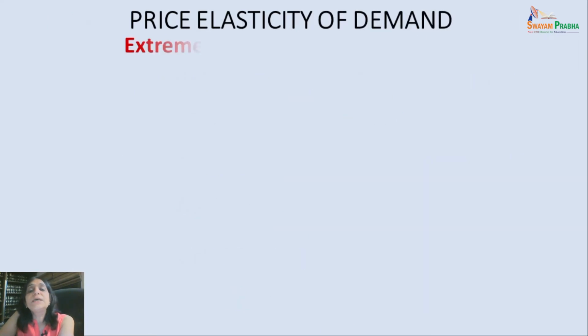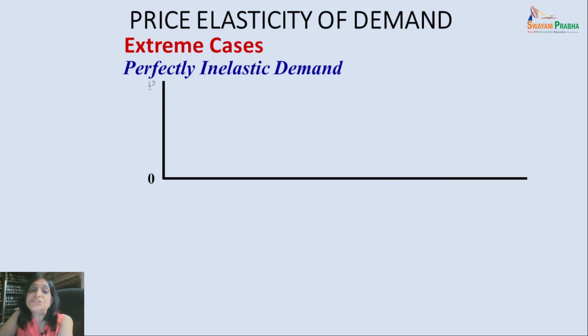Apart from this, we have two extreme cases as well. One is perfectly inelastic demand, as you can see on your screens, a demand curve given by a vertical line. This D1 is vertical. What does it mean? It means that whatever the price level, price changes, but there is no change in quantity demanded.